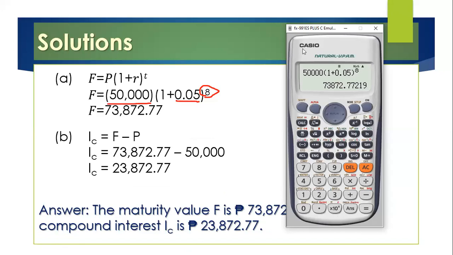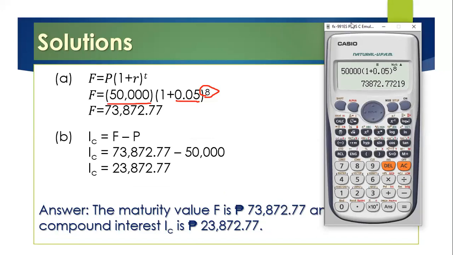Okay? So 73,872.77. Para makuha natin I sub C or yung interest earned, minus lang natin yung future sa present, or P, principal amount.